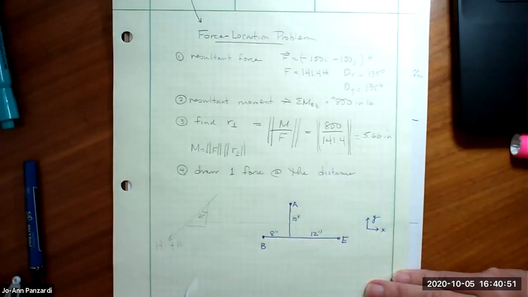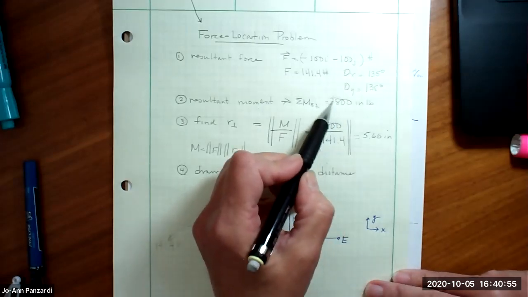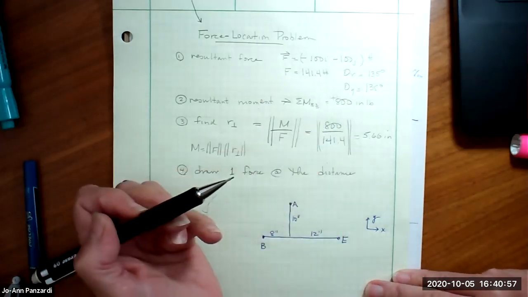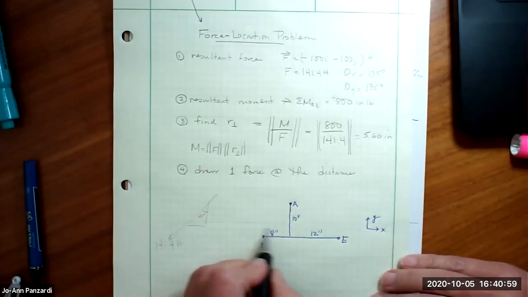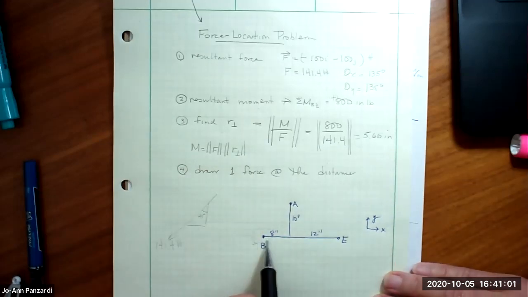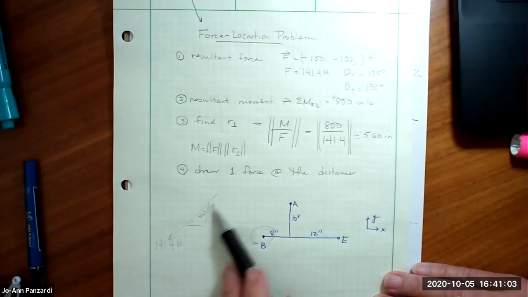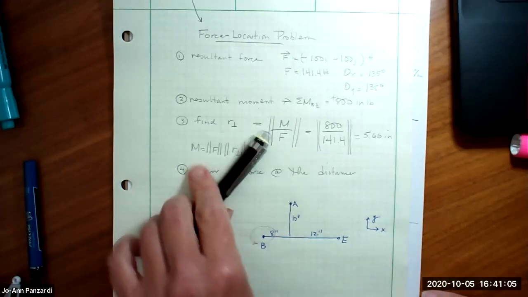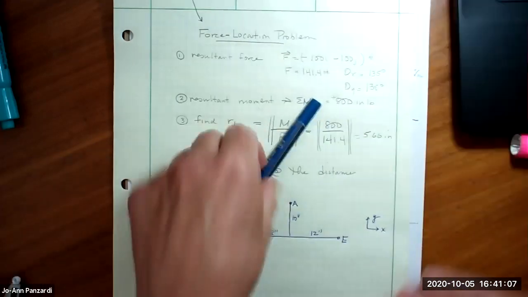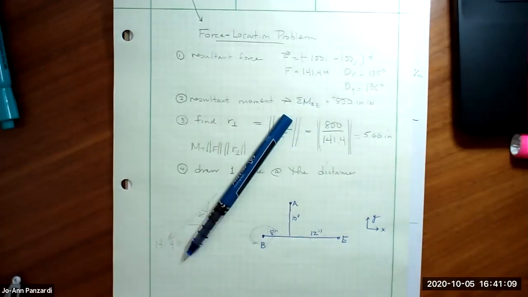So where can this force go? Remember, it creates a positive moment about B. So in order to create a positive moment, a moment going in the positive direction, where should this force be? Should it be on the left of the bracket? Does that create a positive moment about B?